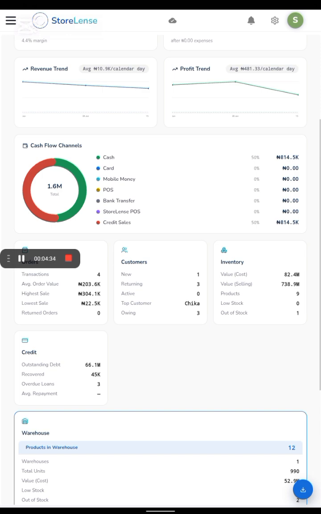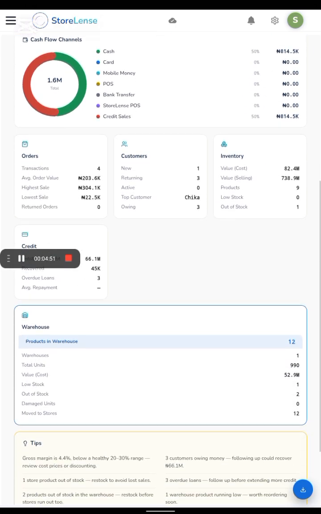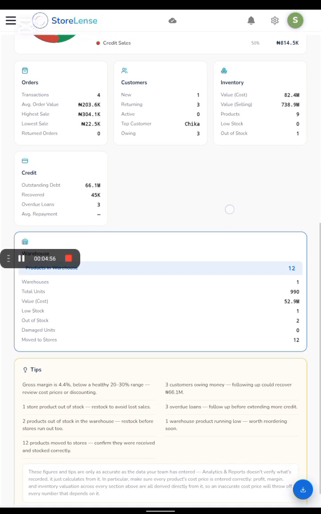Everything will be detailed here in this cash flow channels. Wherever your money is entering, however your money is coming in, everything will be detailed here. Under the cash flow channels, you can see the orders, customers, inventory, and credits.